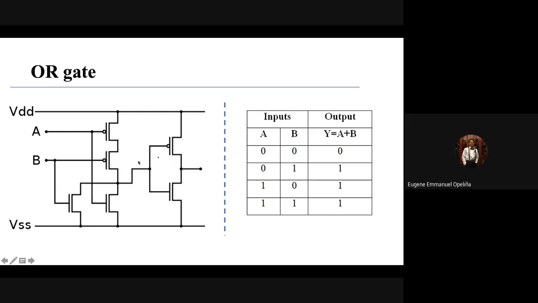If this is low, this PMOS is on, this one low. So your output is high. It's connected to your VDD. You still have your supply. Therefore, there is a flow of your current from your drain to your source.